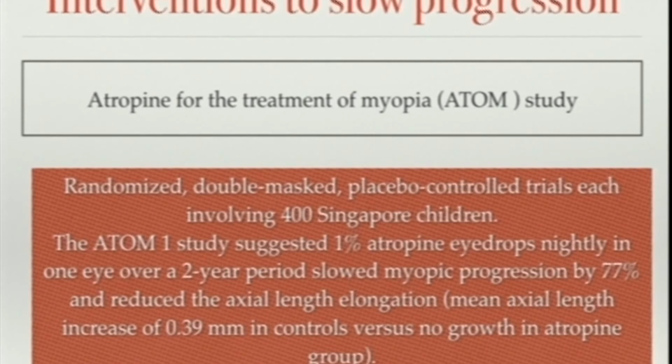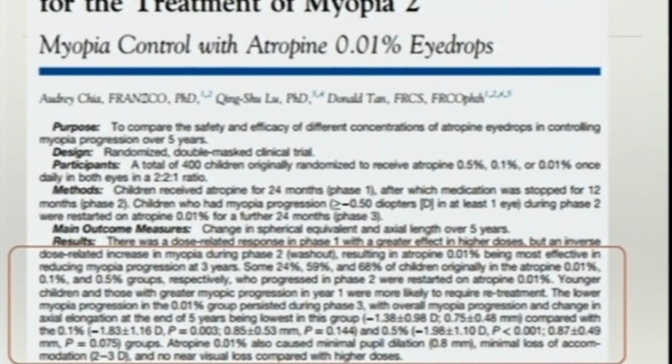ATOM 1 used 1% atropine nightly over a period of 2 years, and they showed that it slowed myopic progression by 77% and reduced the axial length elongation as compared to controls. But with the 1% atropine drops, there were a lot of side effects, including glare, photophobia, and near vision problems. So they reduced it to 0.1, and now currently it is the 0.01% atropine which is being used.